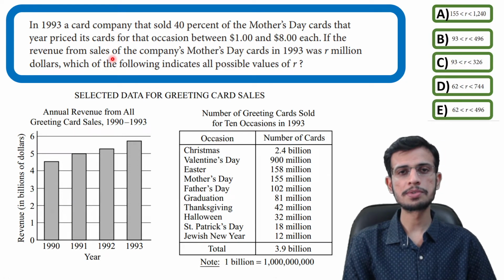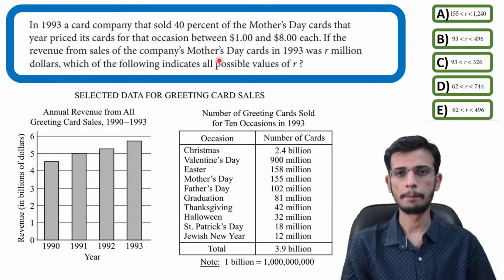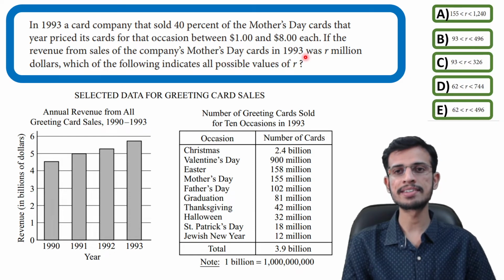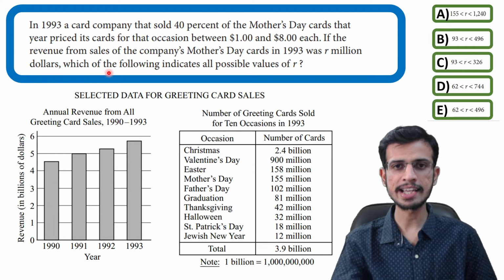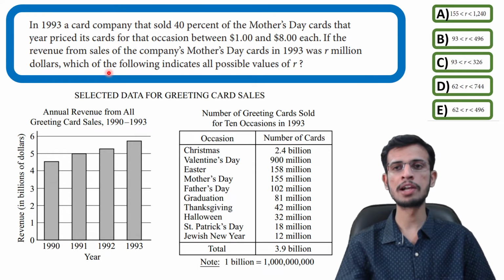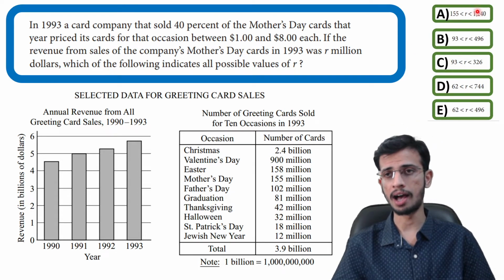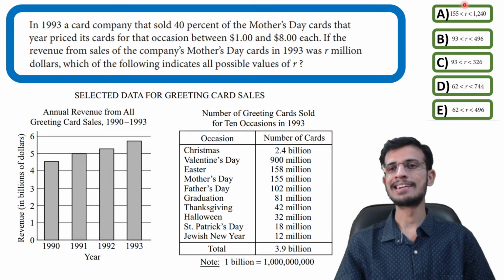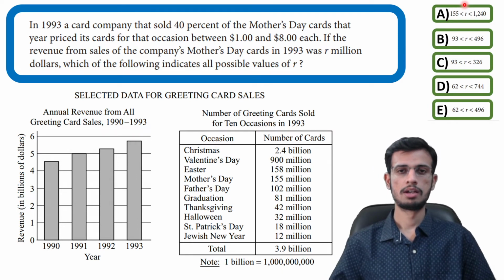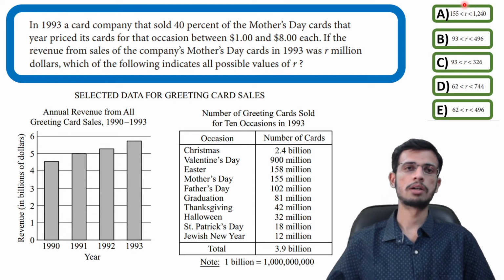If the revenue from sales of the company's Mother's Day cards in 1993 was R million dollars, then which of the following indicates all possible values of R? In the options, R is given in a certain interval. You can read the question once again.